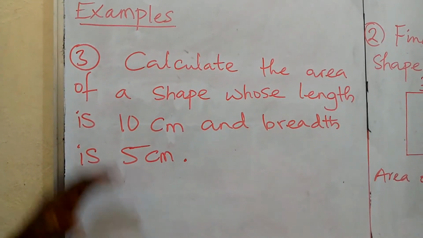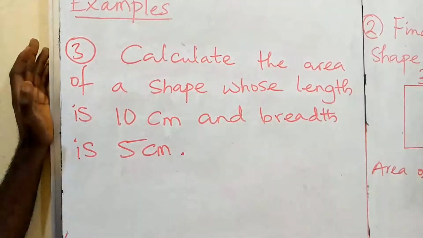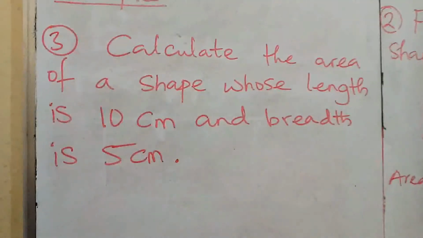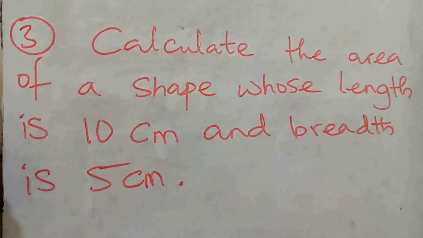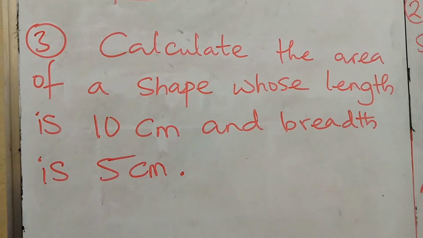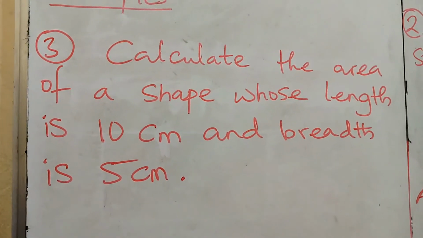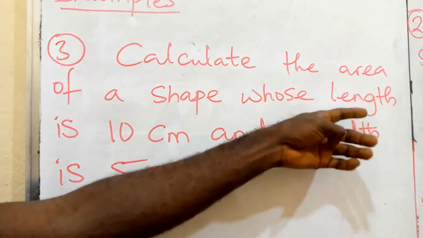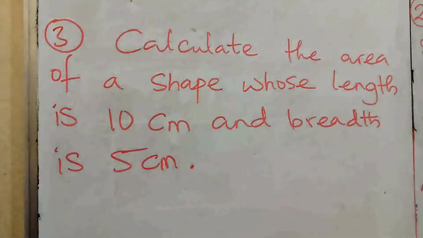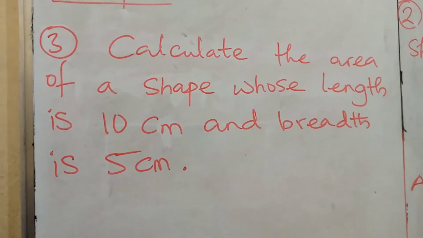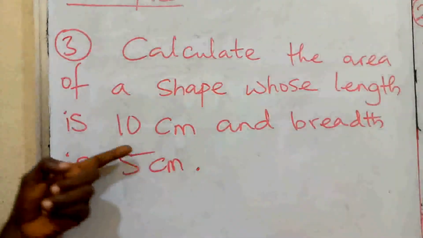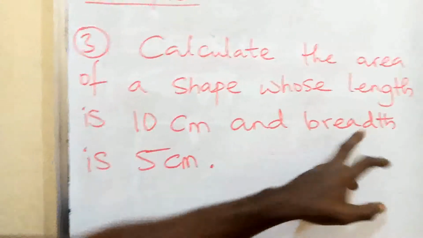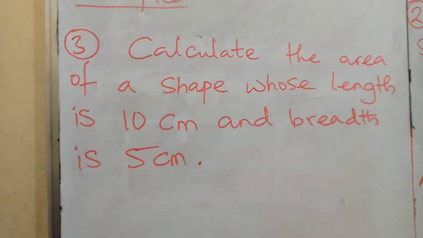First of all, what are you asked to find in the question? The area of a given shape. And the givens here are length, which is 10 centimeters, and breadth, which is 5 centimeters.